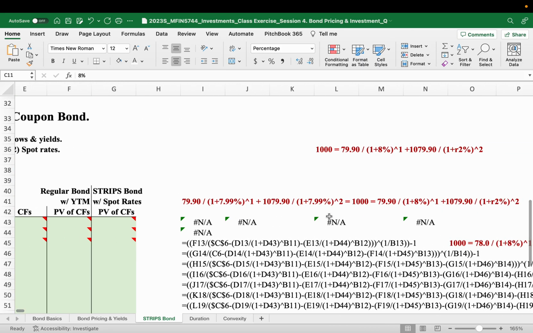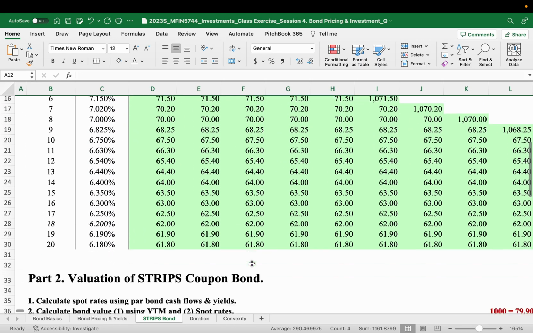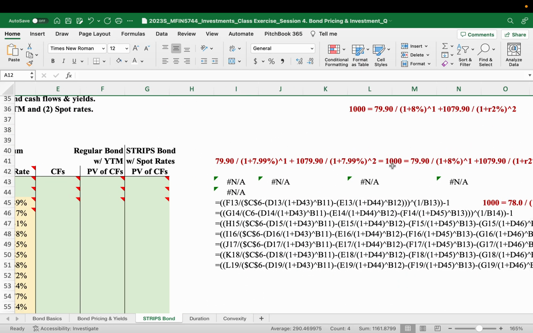Here, in the 2-year bond case, 79.9 divided by 1 plus 7.99%, plus 1,000 plus 79.9 divided by 1 plus 7.99%, which is the same yield to maturity, which is the par value case, which means $1,000, the same as the par value of this bond, right?